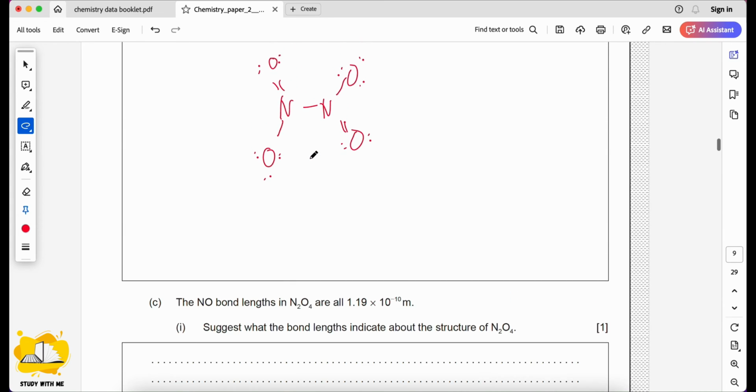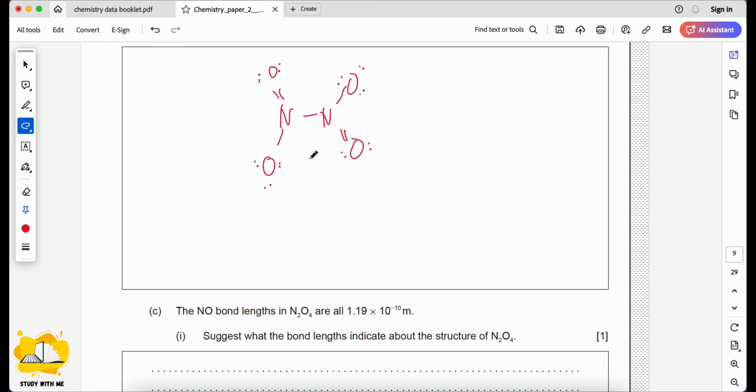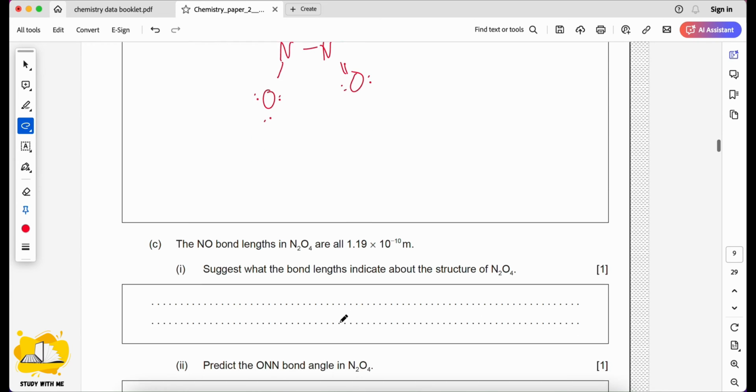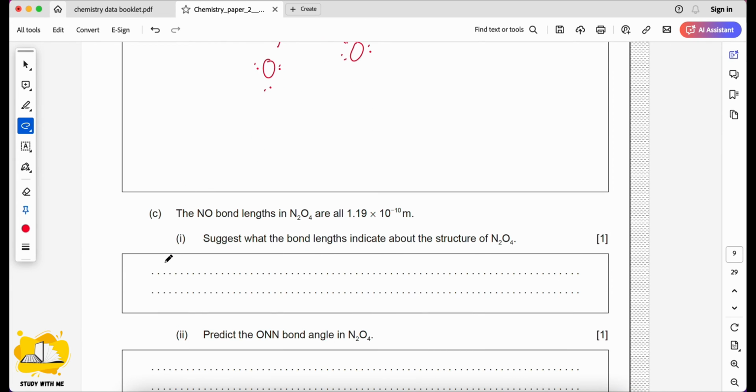You see that it has resonance. So based on the equal NO bond length of 1.19 times 10 to the power negative 10, because it said all. So resonance structures often involve delocalized electrons. This implies that the bonding between nitrogen and oxygen atoms is equivalent throughout the molecule, because it has resonance structures.